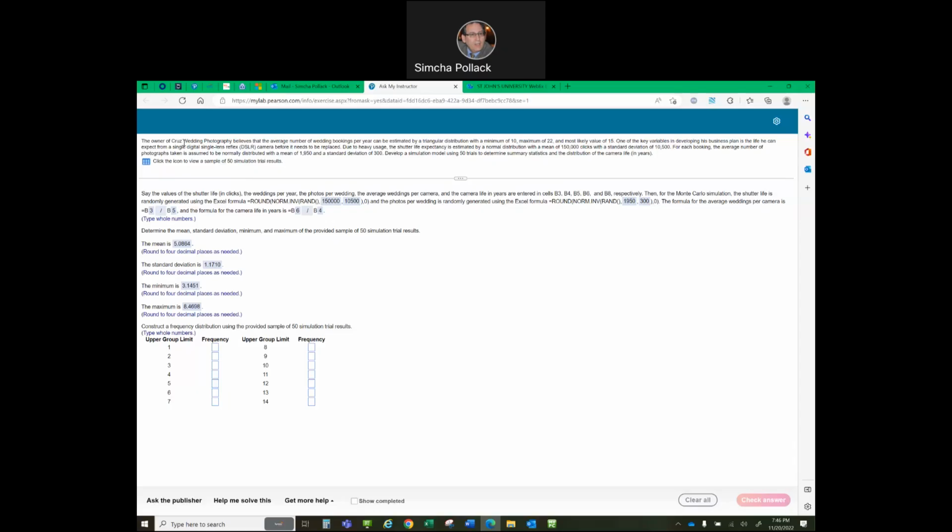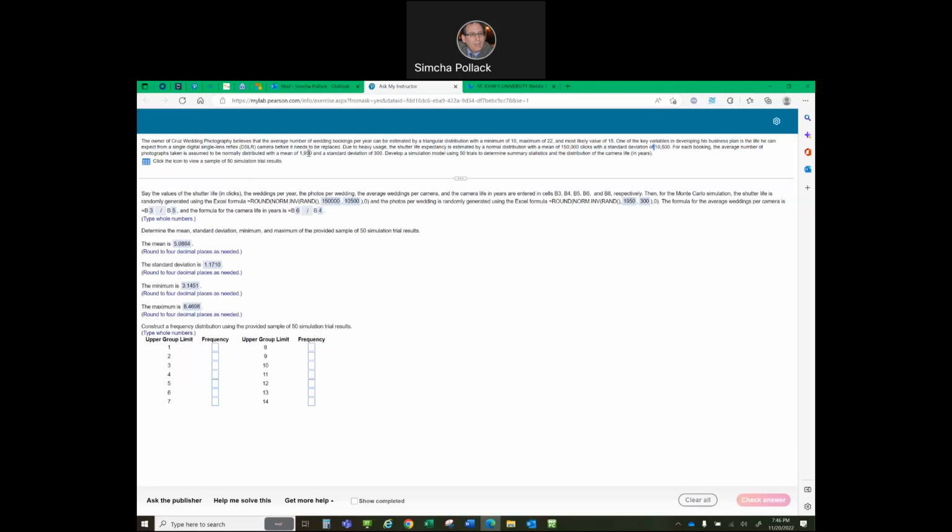And then we also need to know how many clicks you could have per camera. So the average camera will die after 150,000 clicks or pictures, but that, of course, is just an average. There's a spread that's quantified by the standard deviation of 10,500.